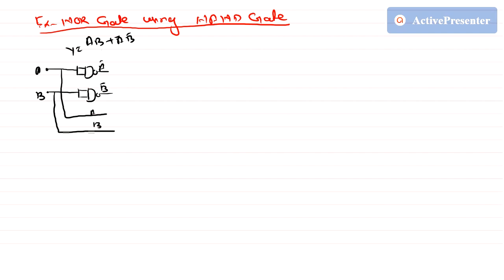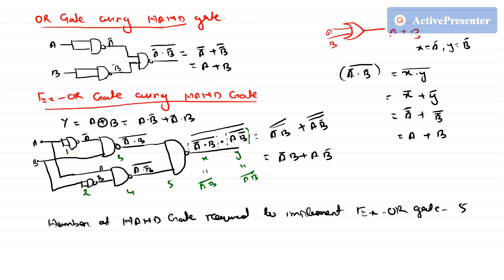Now what we have to do? We have to make an OR gate. If you remember the OR gate, it uses two NAND gates like this and one NAND gate taking the output of the two NAND gates. That will give me an OR gate.